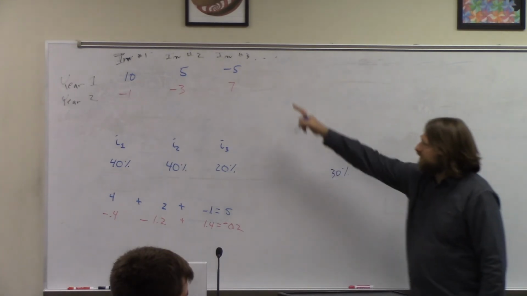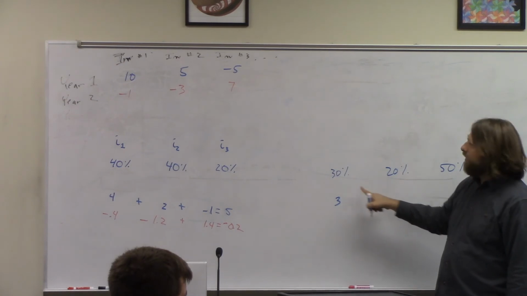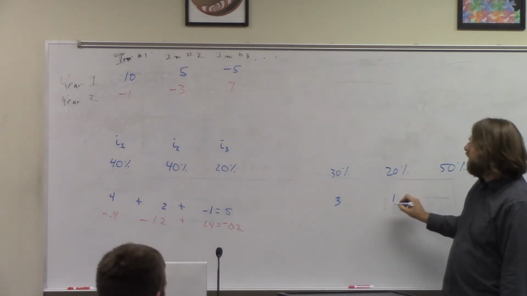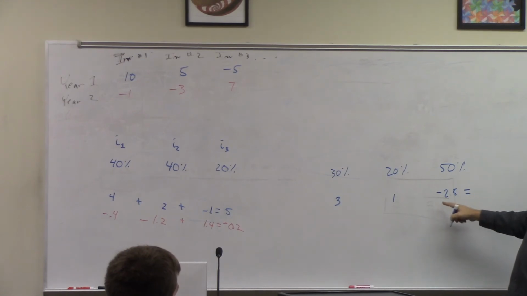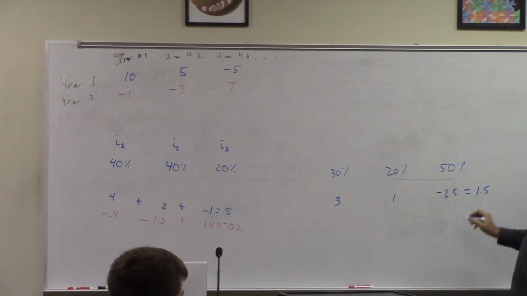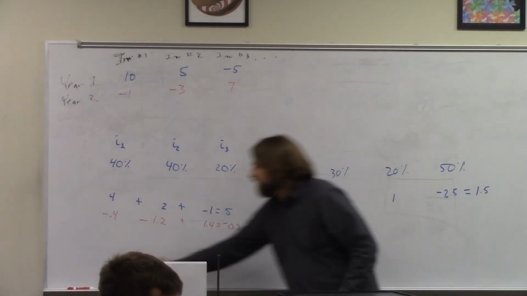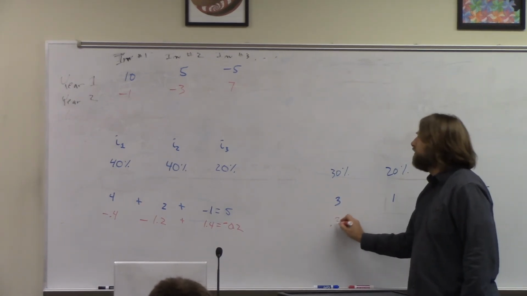Okay, so we take year 1, we would make 3, we would make 1, and we would lose 2.5. So in this case, we would make 1.5%, right? And in year 2 scenario, we would lose 0.3.